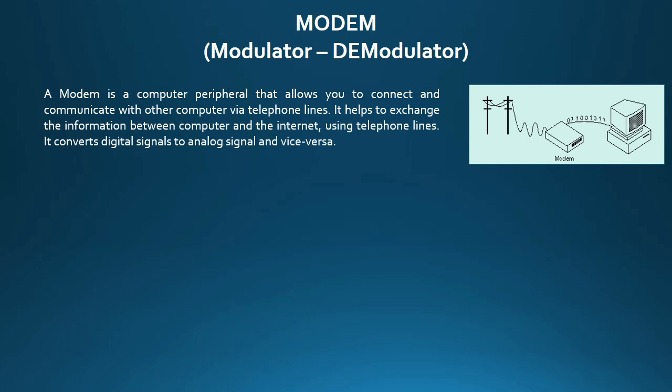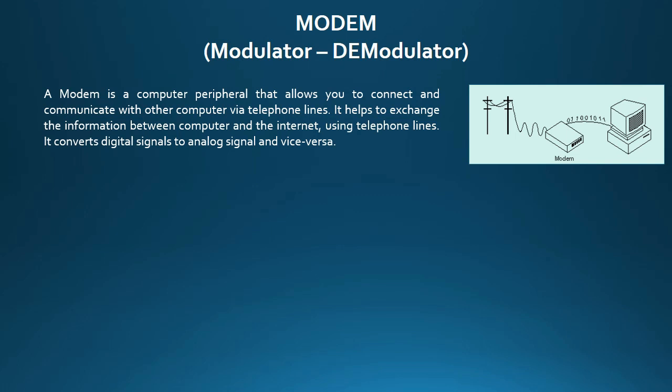Now here you just follow the picture given here. You can see that in between the computer and the telephone lines there is a device connected which is named as modem, and whatever data is coming through the telephone lines are in wave form, or in other words it is in analog form, and then by the modem it will be converted into digits, that is 0 and 1.